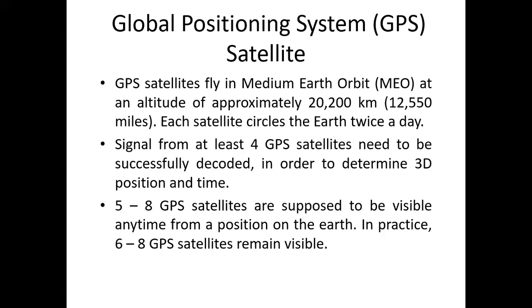So it's x, y, z, and t. Four unknowns in your equation, and that's why you need to have information from four different positions.